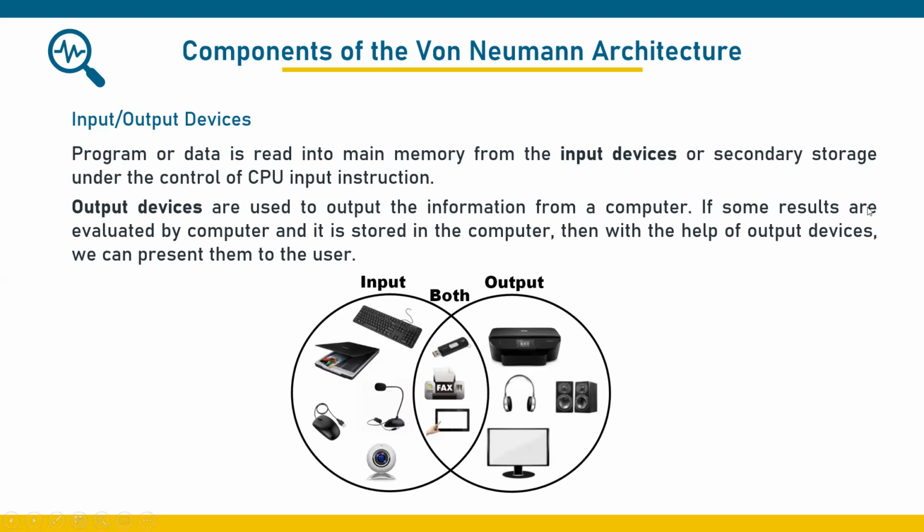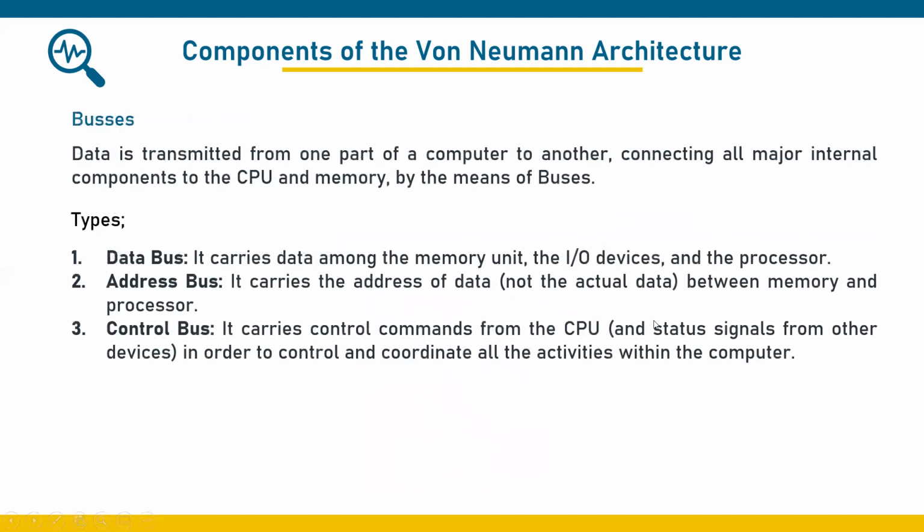If some results are evaluated by the computer and stored in the computer, then with the help of output devices, we can present them to the user. Okay, you can see the input and output devices here. Okay, next one.